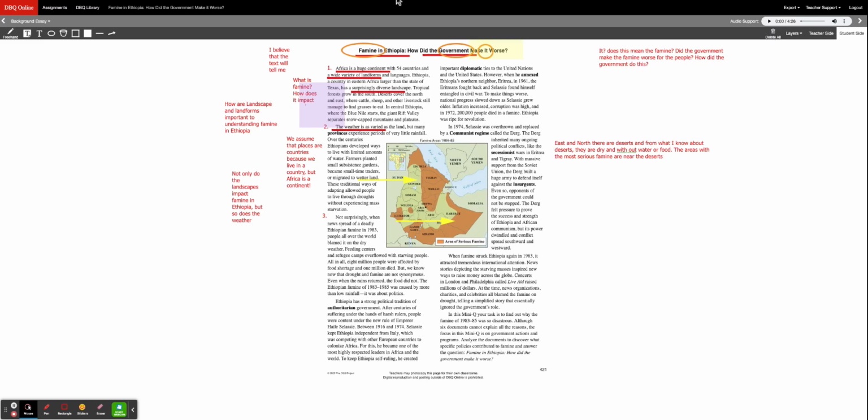First, go over the annotation symbols that will be used in your modeling, and then show students how you think and apply those annotation symbols to the text, being very explicit in your demonstration.